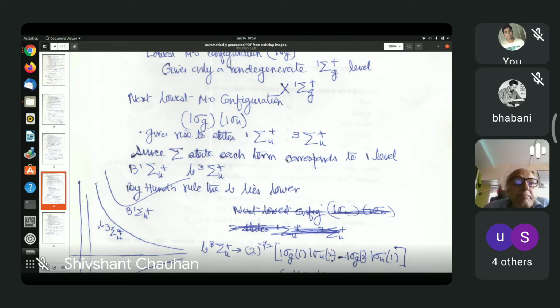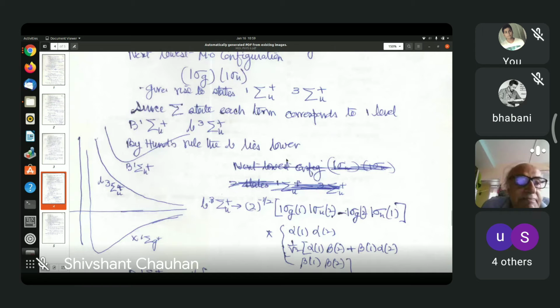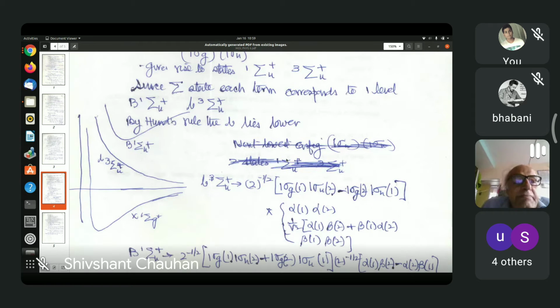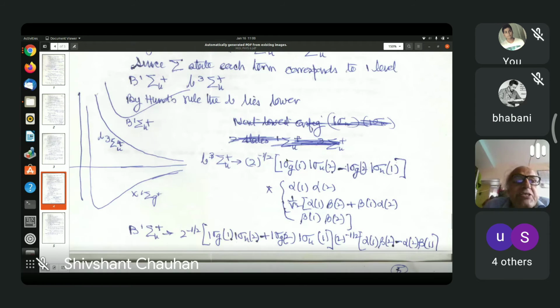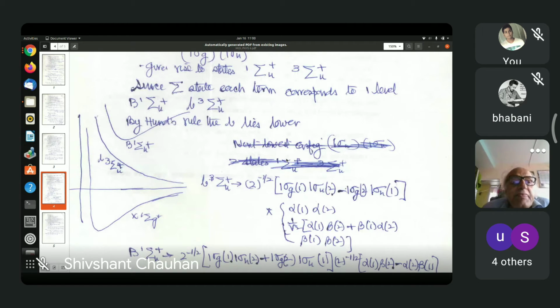And by Hund's rule, the small b state will lie lower because it has a higher multiplicity. And we have written down the wave function of the small b state in detail. This is a triplet state, so the space part of the wave function will be antisymmetric, and the spin part will be symmetric, and they can have three different spin functions, giving net spin of 1.